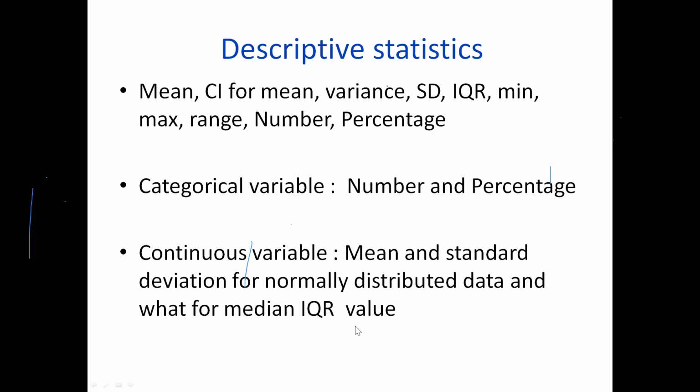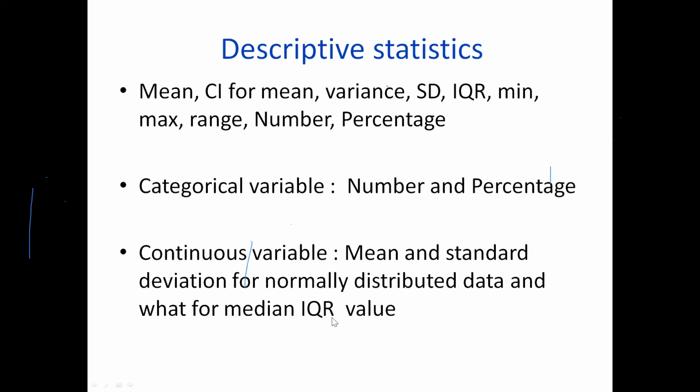If your data is normally distributed, standard deviation gives a better estimate of the variance among the population, but if the data is skewed, then IQR is the better estimate. Along with the median, we use the interquartile range.